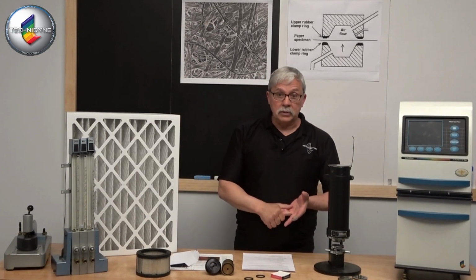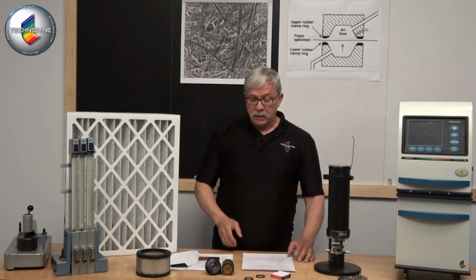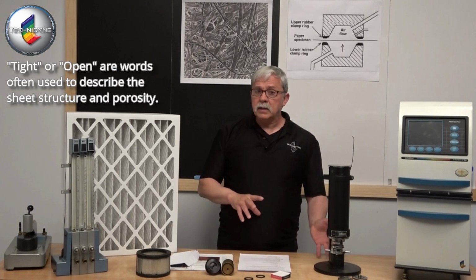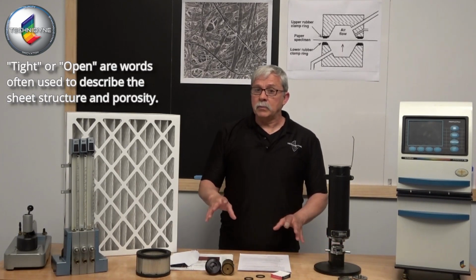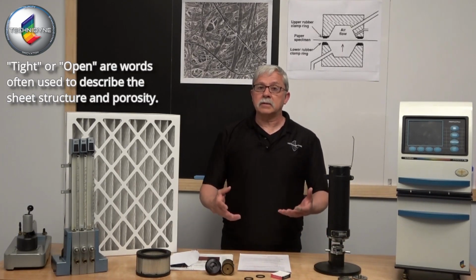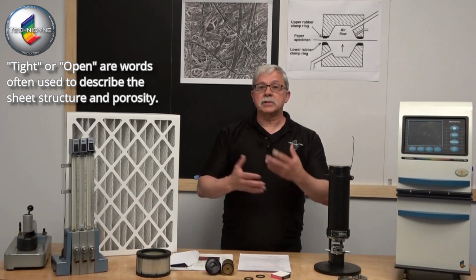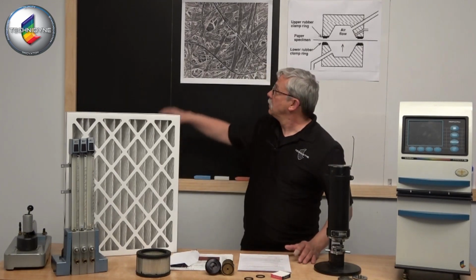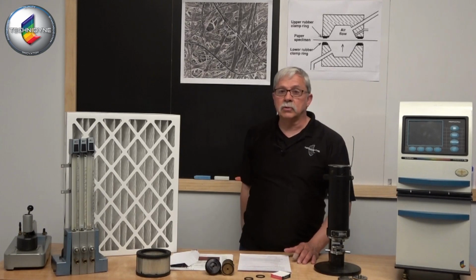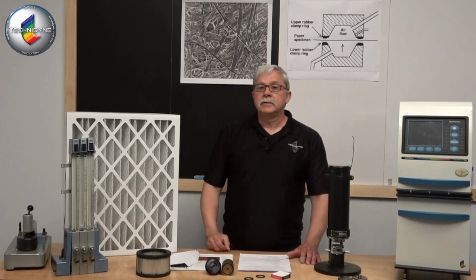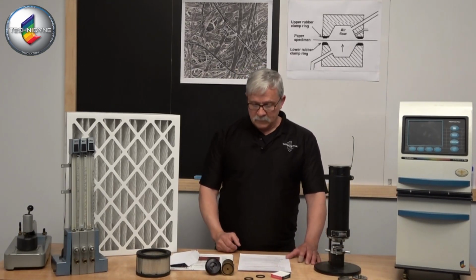Is the sheet open enough, as another example? They are a pretty fast means of evaluating what the web is actually doing as we start to make different changes to our process.